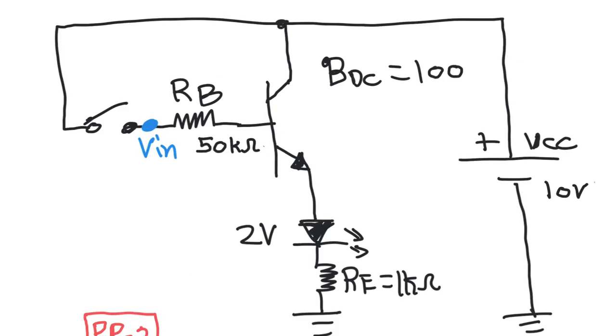Okay. Homework problem number 2. This one, obviously, if you want the LED on, you've got to close the switch, and we're going to have to, like we did a couple other times, move that emitter resistor to the base side. Otherwise, we are dead in the water.